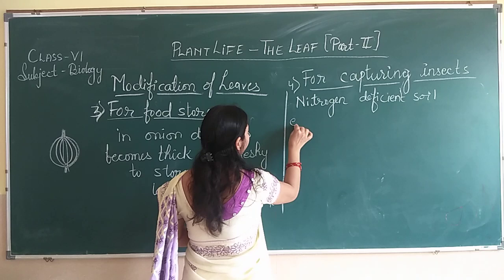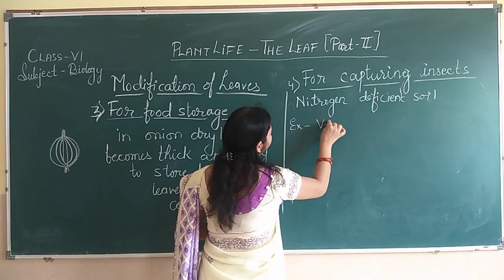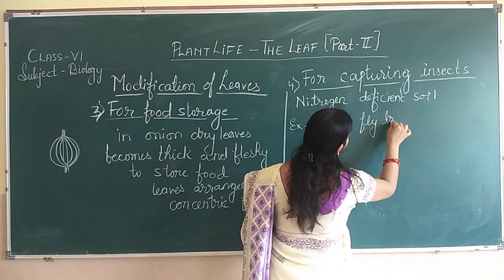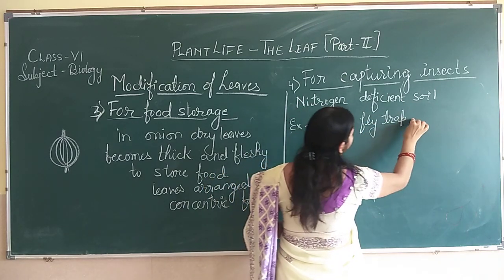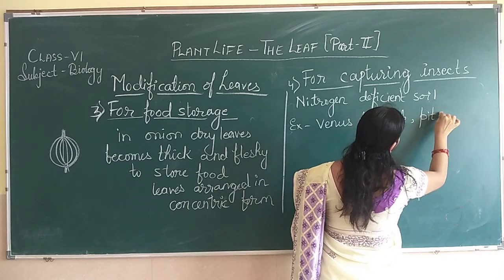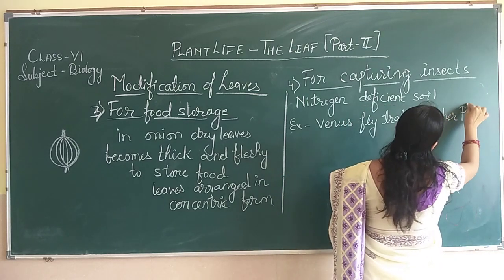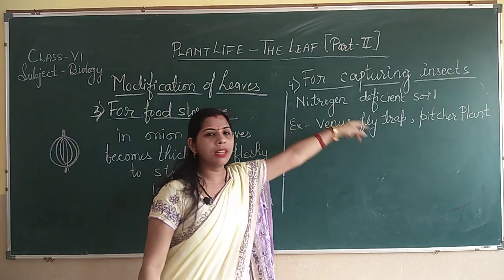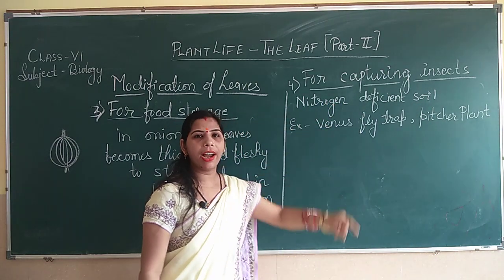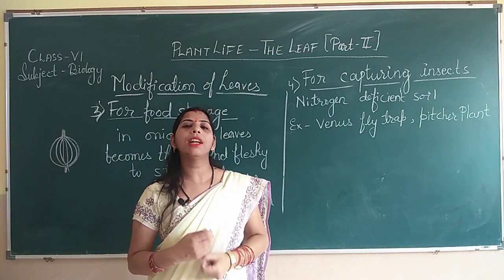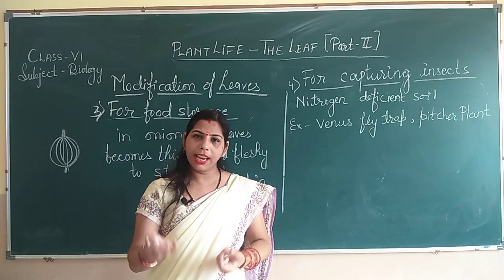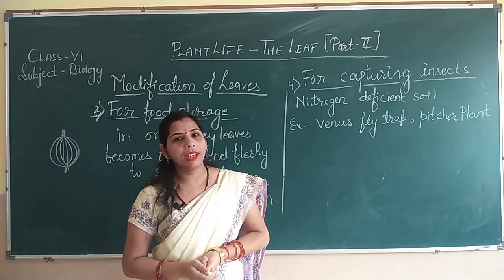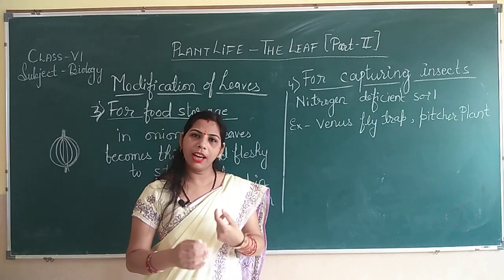Which plants? I told the examples, the Venus flytrap and pitcher plant. These plants grow in nitrogen deficient soil, and to fulfill the requirement of nitrogen, they trap the insects, digest them and fulfill the demand of nitrogen in their body.